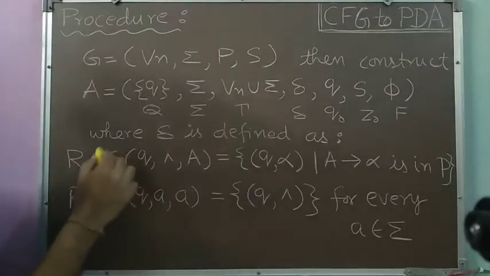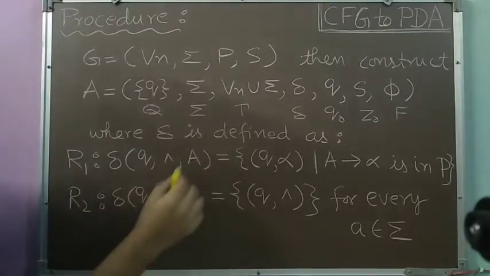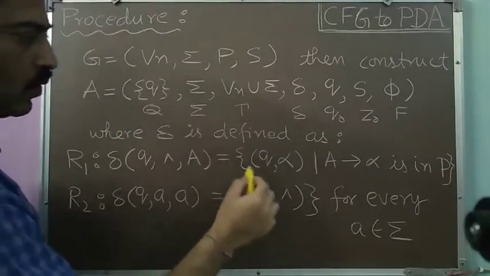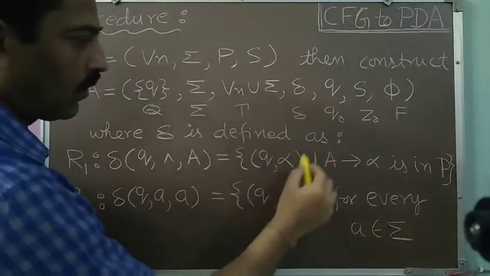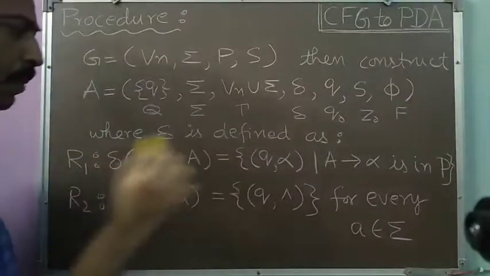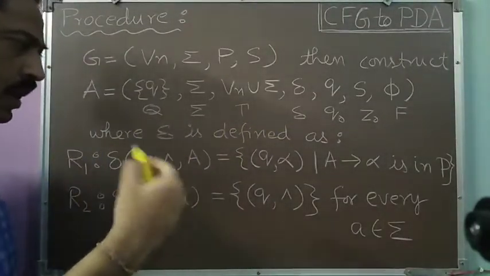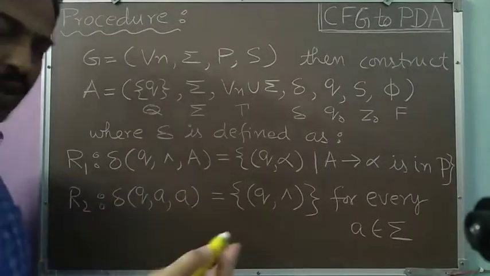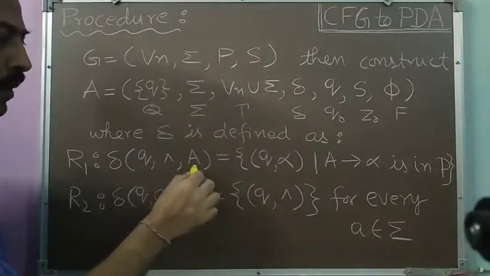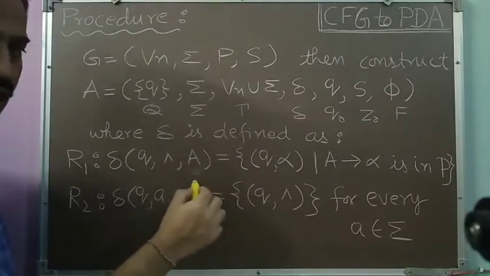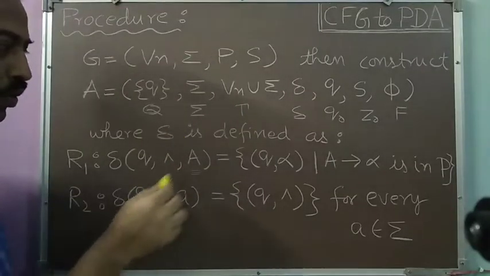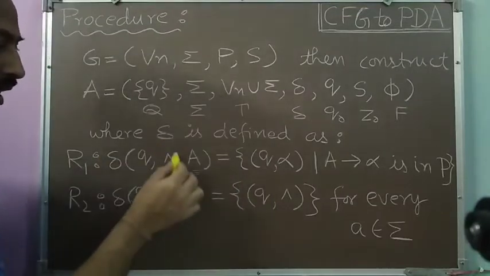Now rule number 1 says delta(q, null, A), where wherever I write capital A, I mean that a variable is coming, is equal to (q, alpha) such that A to alpha is in P. What does it mean? It simply means that during the execution of your string over the push-down automata, if at the top of the push-down store we get a variable A, then we will take a null move.